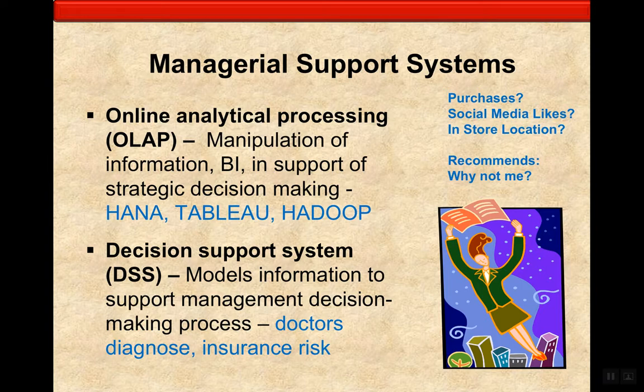An OLTP system stores data in tables, a style called a relational database, but basically a series of tables, which is optimized to run transactions. Whereas OLAP systems are really designed to be analytical.